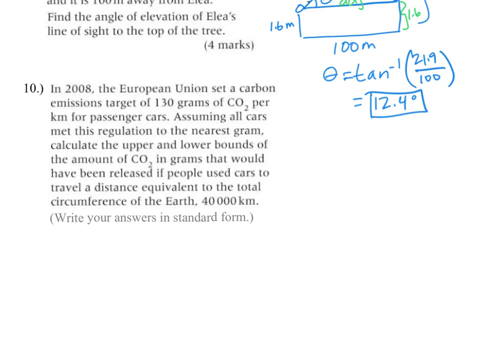So, to get that lower bound, we're looking at 130 grams, so our unit is gram. So to get the lower bound, we're going to go a half a unit below and a half a unit above.